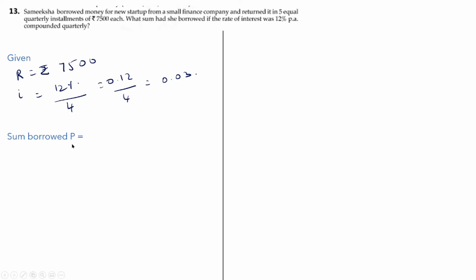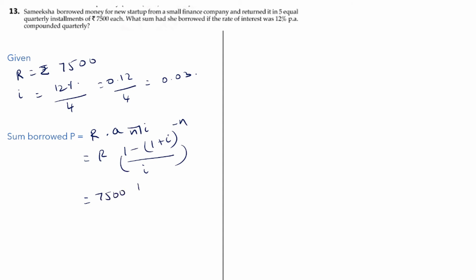So the sum borrowed P is nothing but the present value of annuity of this R. So sum borrowed P is equal to R into A at an angle N for I rate per period. So it is 7,500, or let me write one more step, R into (1 minus (1 plus I) the whole raised to minus n) upon I. So if we substitute all these values, we will get the answer.